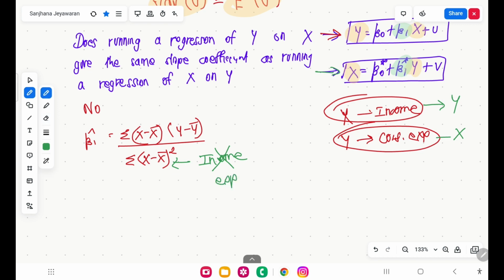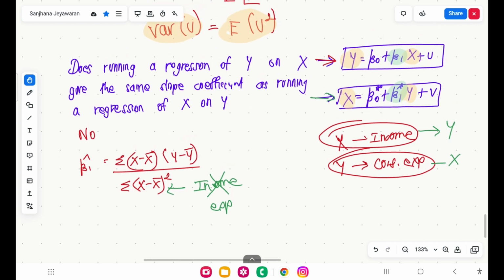Because of that, we do not get the same slope coefficient. When beta 1 changes, we know that we use the beta 1 value to find beta naught as well, so beta naught also eventually changes. So what I have to remember is, though we take the same two variables, when we switch the dependent and independent variables, the slope coefficients we get are not the same.